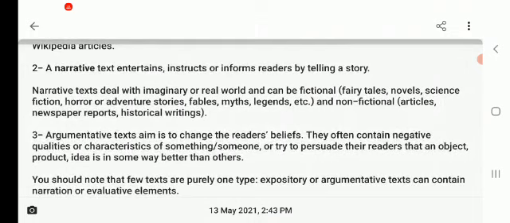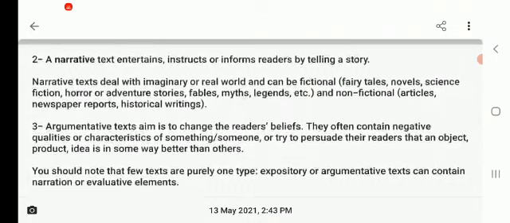Narrative text deals with the imaginary or real world and can be fictional: fairy tales, novels, science fiction, horror or adventure stories, myths, legends, fables. And in the non-fictional, there are articles, newspapers, reports, historical writings. They are non-fictional.